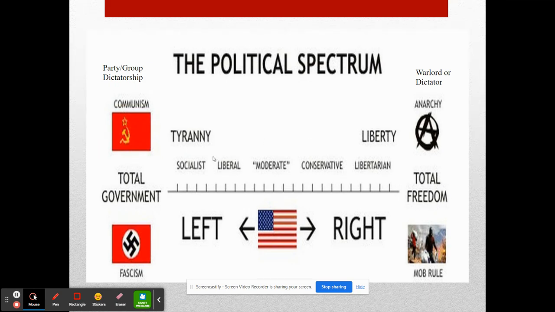Now, to the left of the liberals are the socialists. Socialists are people who believe that the only way to really achieve fairness is for the government to enforce fairness. Let's use the analogy of a couple of cows. In socialism, you have two cows. Your neighbor has no cow.